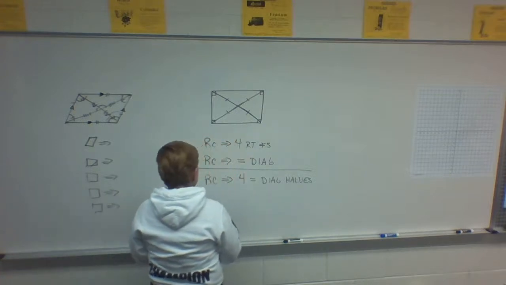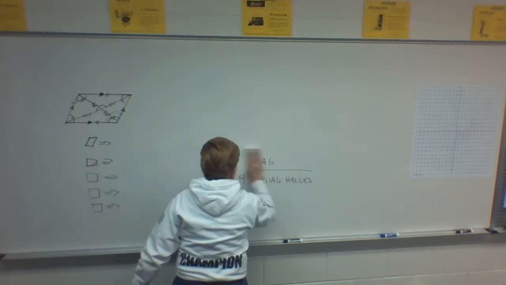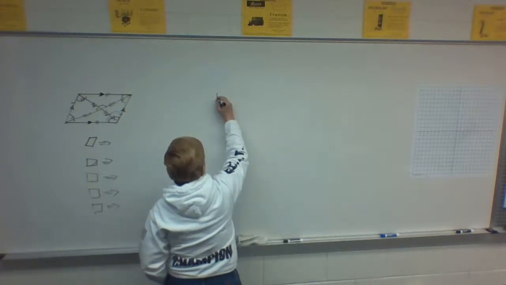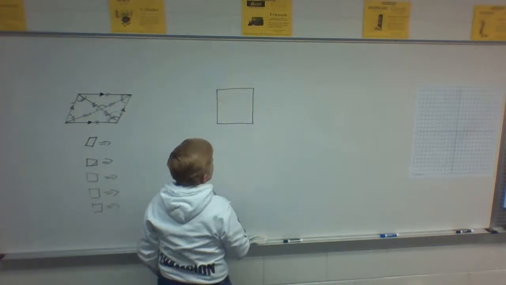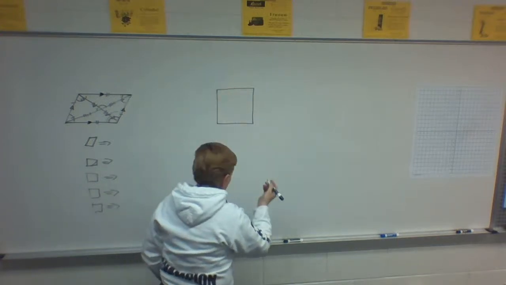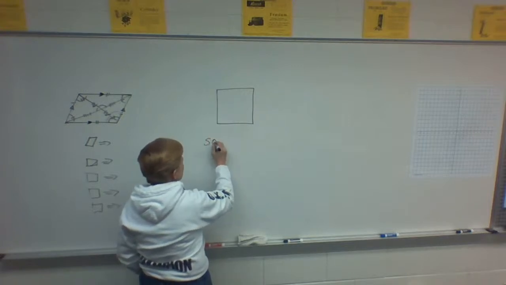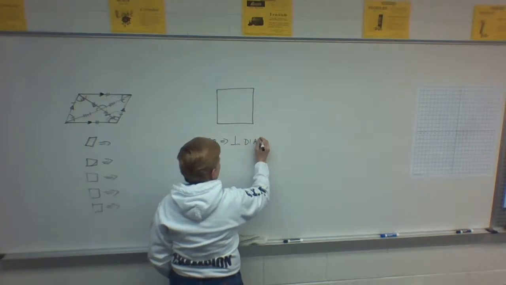Now let me erase this, and we'll talk about squares. Squares are rectangles and rhombuses because they stand up straight and they have 4 equal sides. So if you talk about a square, you can have any of those that if you know the thing is a square. If it's a square, you know that it has perpendicular diagonals, for example, because it's a rhombus.